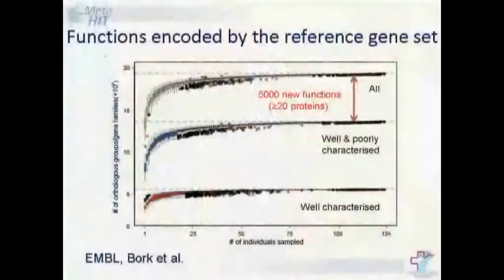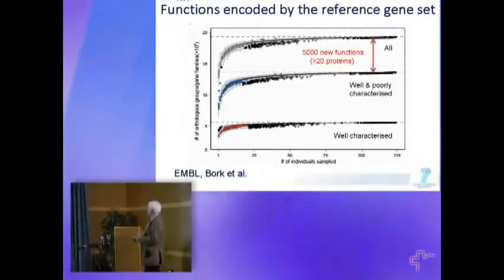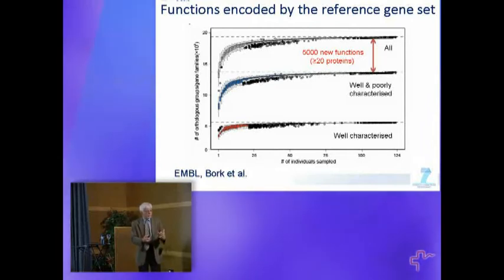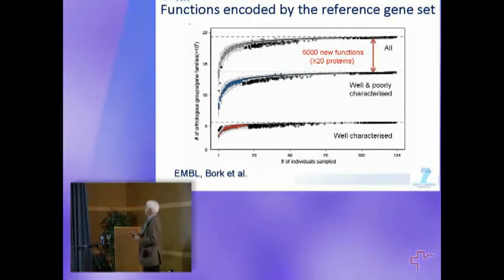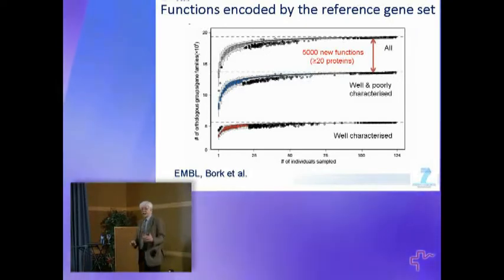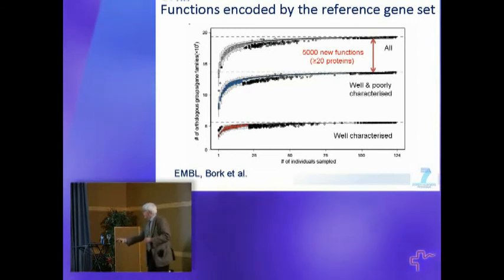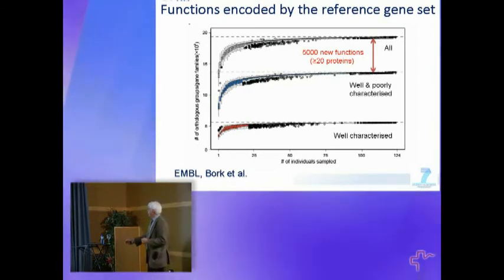They can be grouped in clusters, and one can examine the number of clusters that we have detected. There are about 6,000 functions which were previously characterized, and about double the previously known functions when one pools well and poorly characterized functions in function of the number of individuals that were sampled.